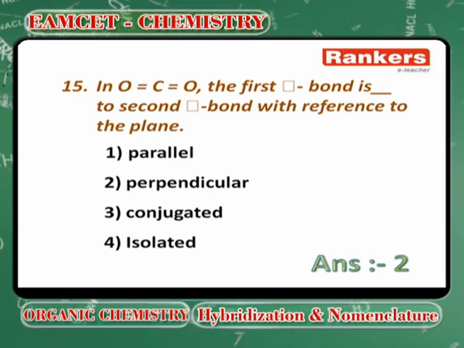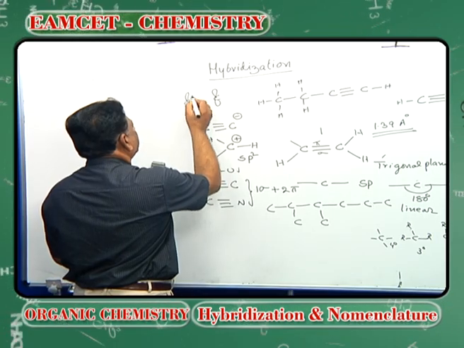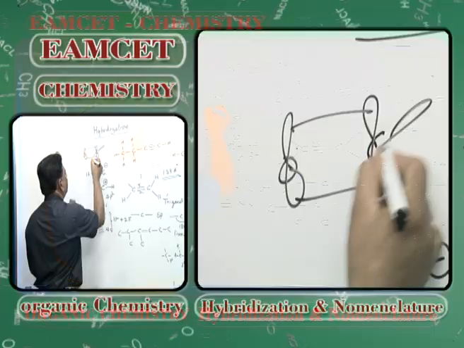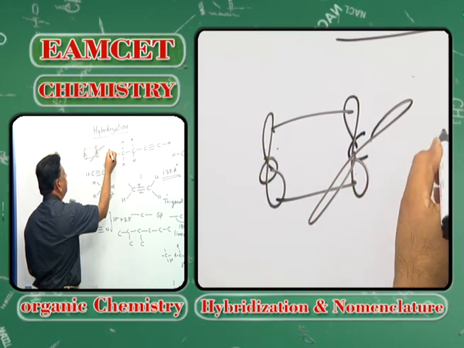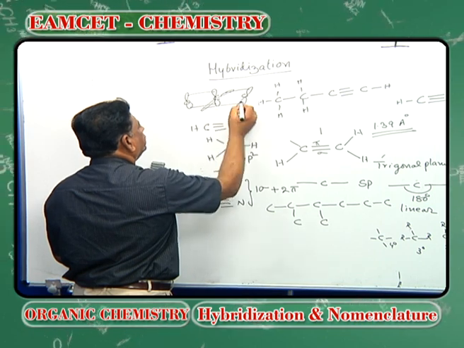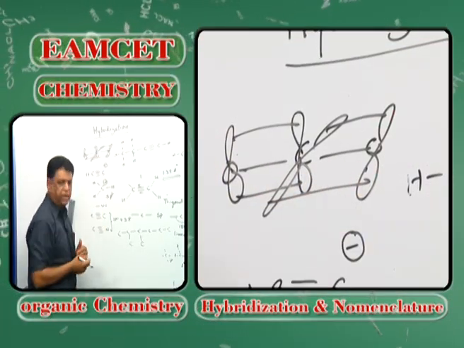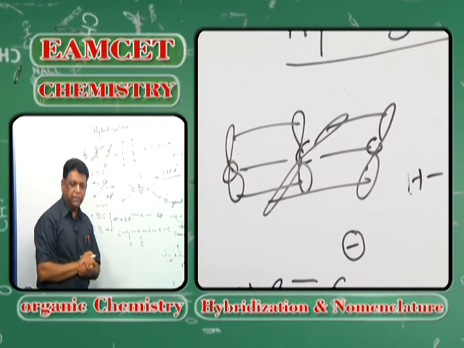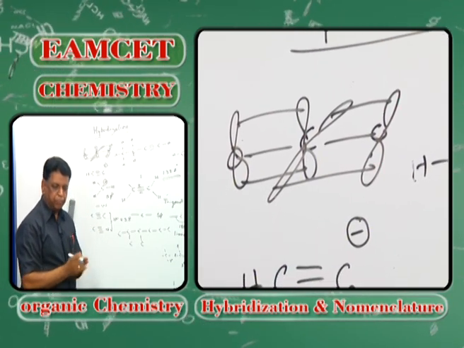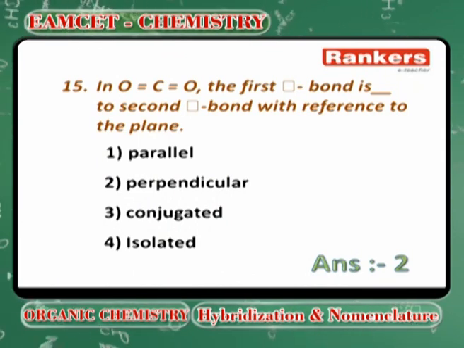That was the question actually. In oxygen, one plane will be there, and on the other side, because the carbon involves pz and py, these two planes will be perpendicular to each other. In addition to the sigma bonds, there are two pi bonds, and these two pi bonds are perpendicular to each other. So, therefore, the answer is the second.